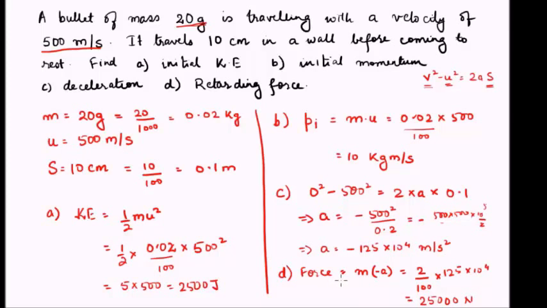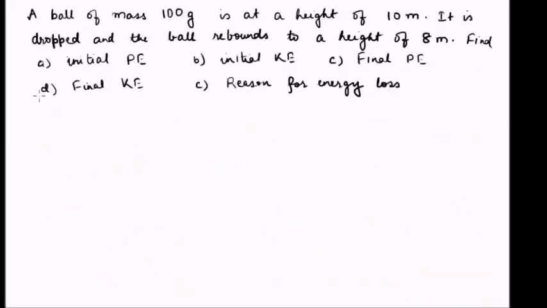Now let us see another example to understand mechanical energy better. In this question we are told that there is a ball which has a mass of 100 grams and it is initially at a height of 10 meters.